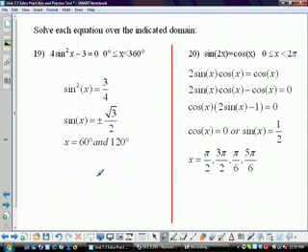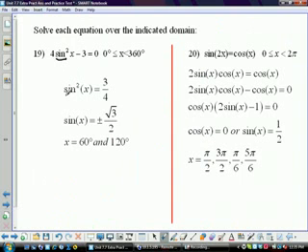Solving the equation over the indicated domain. Make sure you know which domain you're using. Number 19, I solve for sine because it tells me in my process for 7 and 8 in journals, if there's one trig function, solve.